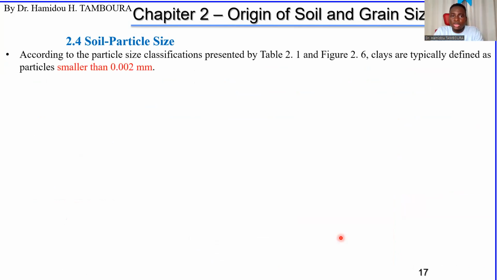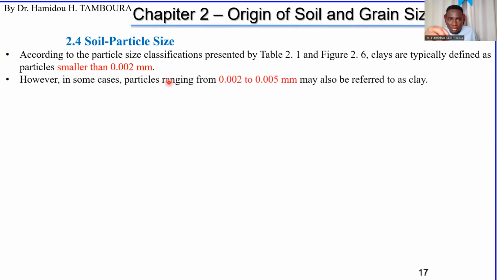Okay, according to the table and the graph, the diagram we saw before, clay is typically defined as particles smaller than 0.002 millimeter. This is a definition based on the particle size.